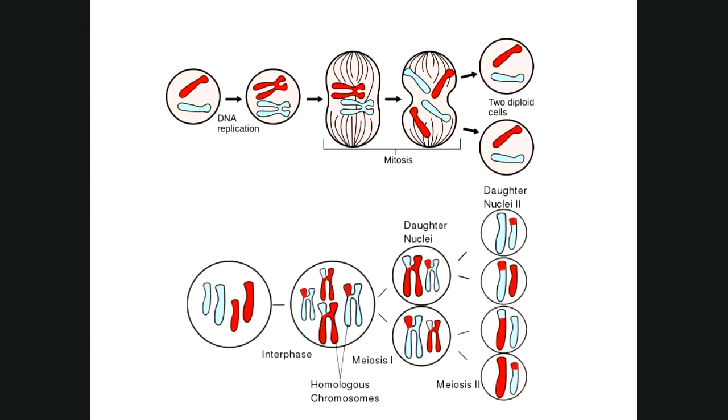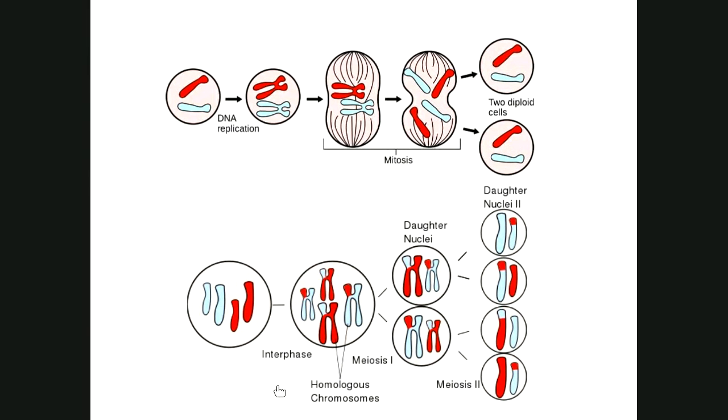Then cytokinesis occurs and two chromosomes go this side and two chromosomes go this side. Now you can see that there were only two chromosomes, and the final daughter cells also have two chromosomes. How? Because these two chromosomes made their own copies, and therefore two new daughter cells have been formed.